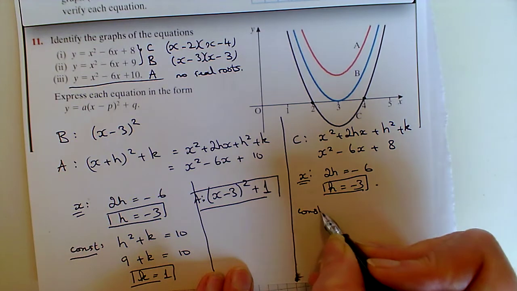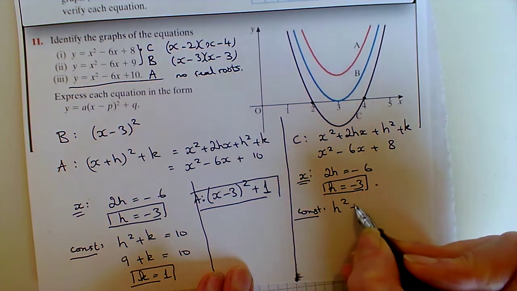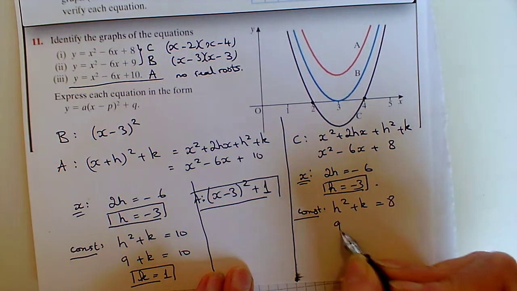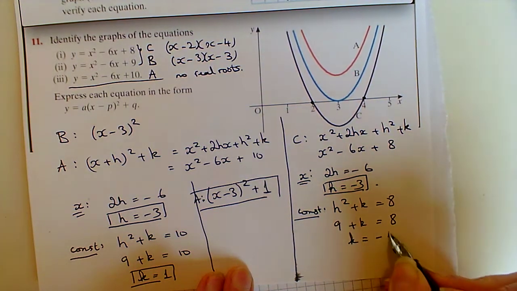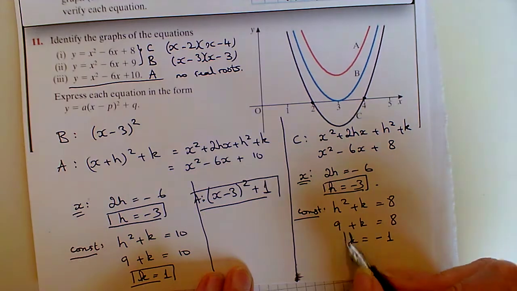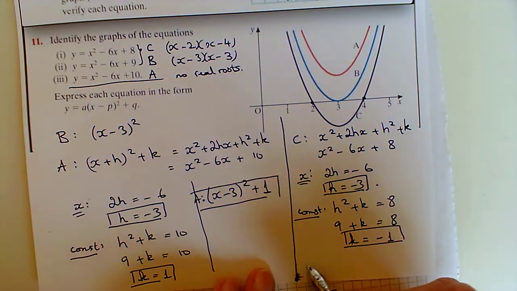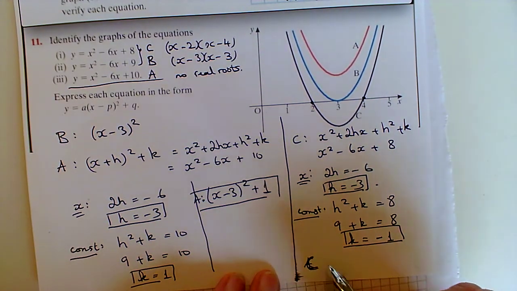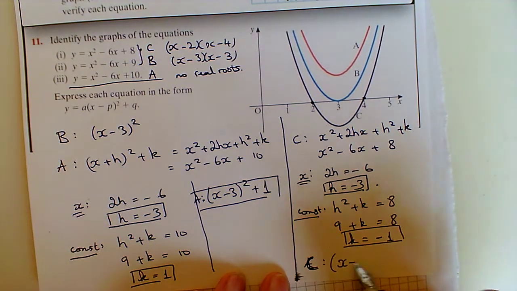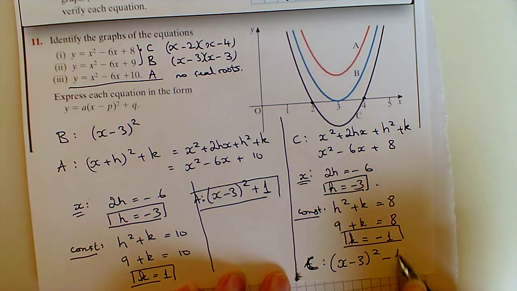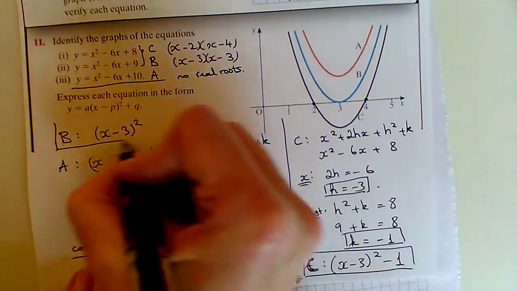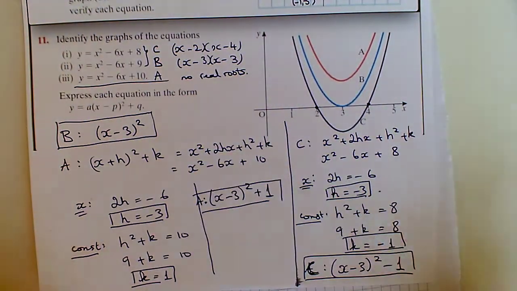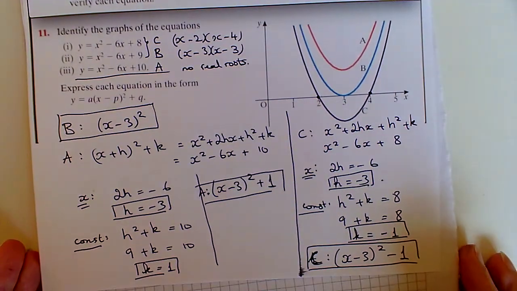And my constant, h squared plus k is equal to 8, so 9 plus k is equal to 8, and k is equal to minus 1. So then C can be written as (x minus 3) all squared minus 1. There's B already done, because that was already a perfect square.